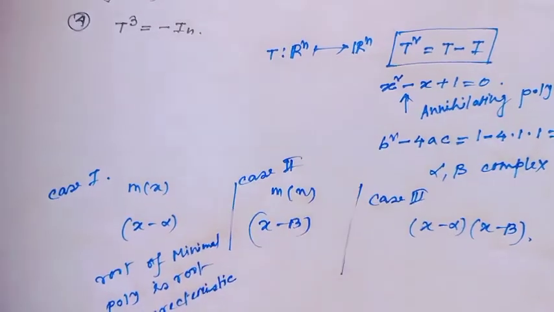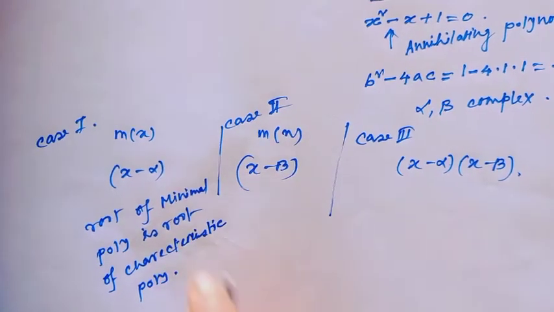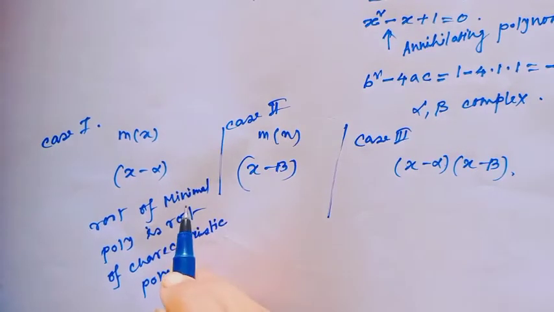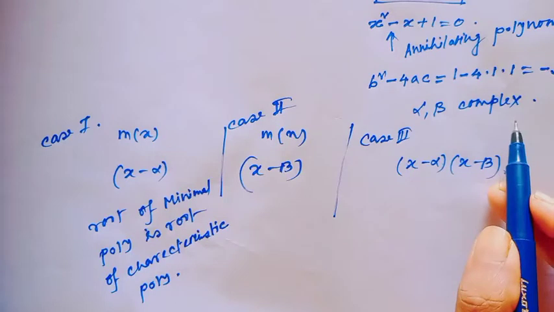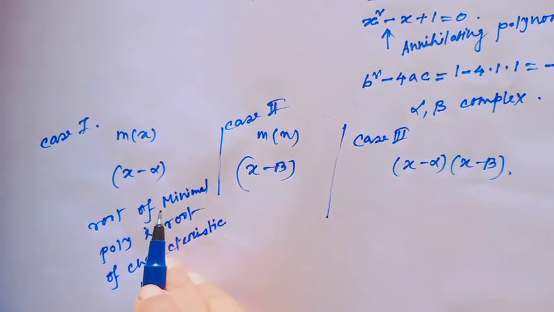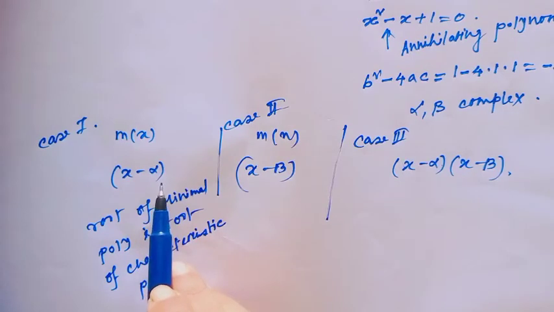Okay, since alpha is a complex number, when alpha is one root, then its conjugate will always exist.